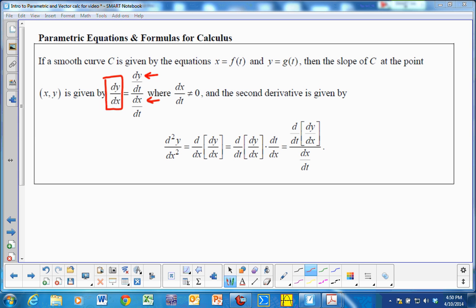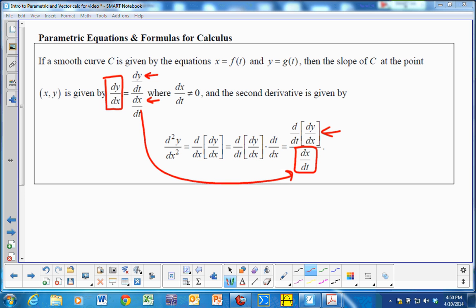To do the second derivative, you do the derivative of the derivative, of course, which gives you the derivative of the answer you just got. So whatever you got for dy dx, you take its derivative divided by dx dt, which was the bottom here. You divide by that.